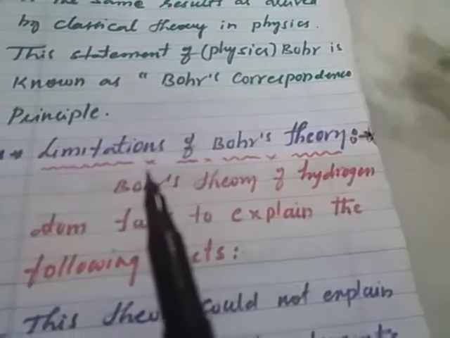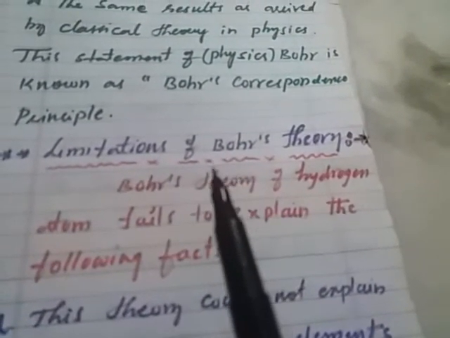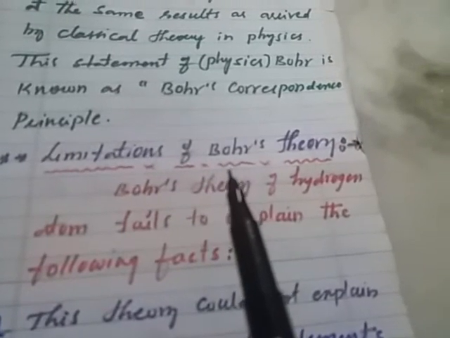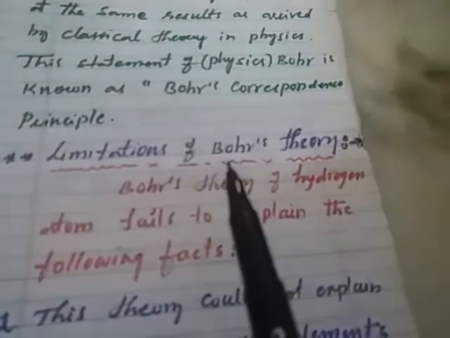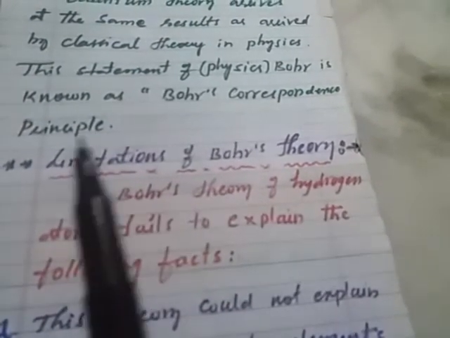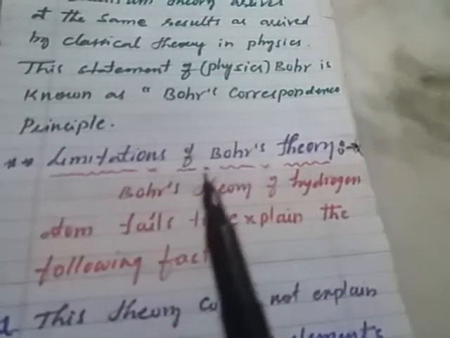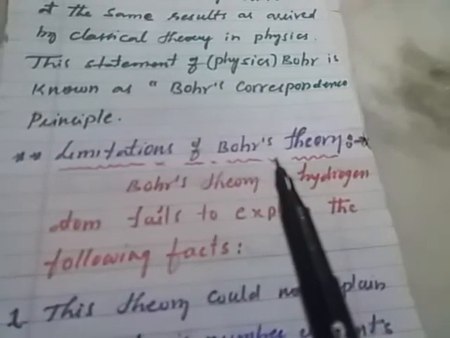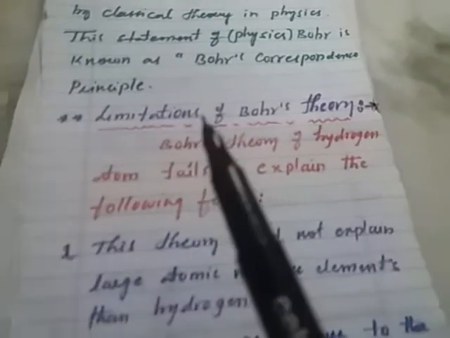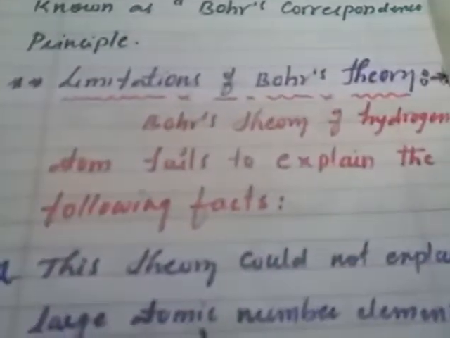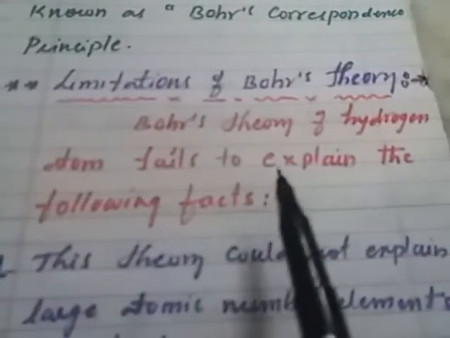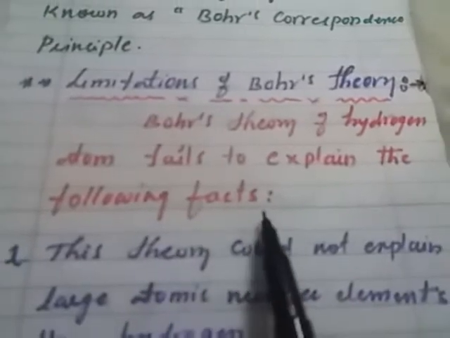So according to that, the Bohr atomic model is explained briefly, with different features and advances, but some limitations or failures are contained in the Bohr atomic model. What are they? Let us see that the Bohr theory of hydrogen atom fails to explain the following facts.